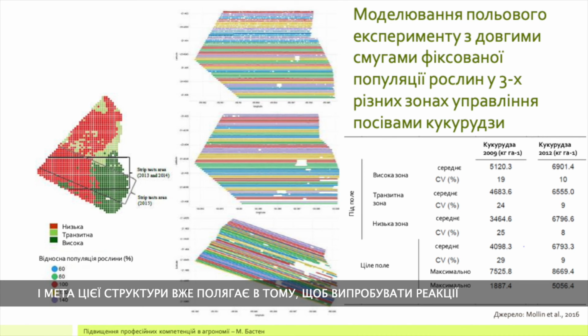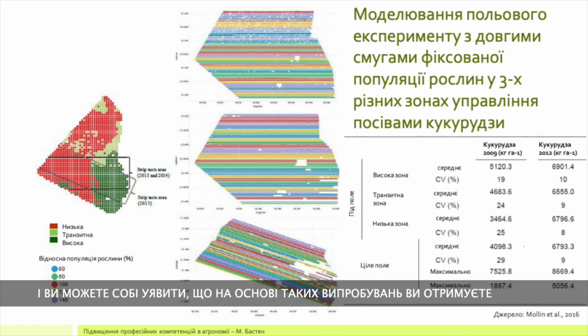chose a different part of the field with these strip trials. And the purpose of these strip trials is really to derive yield response trials from these different productivity zones and yield response towards different seed rates or different plant populations.